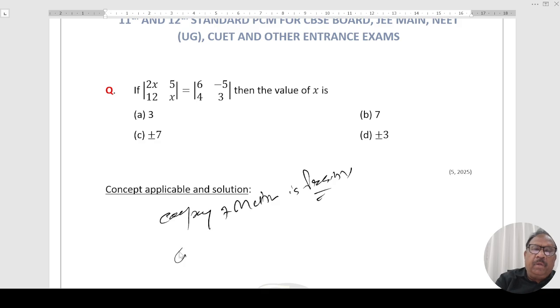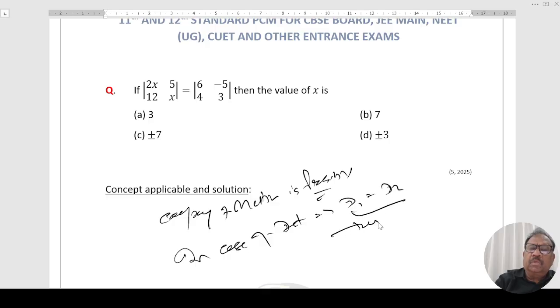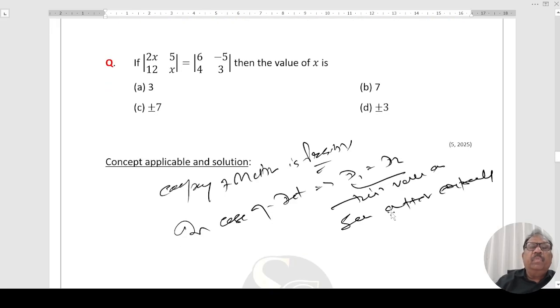In case of determinant, d1 equal to d2 means their values are the same. Values are the same after expanding, where elements cannot be compared.